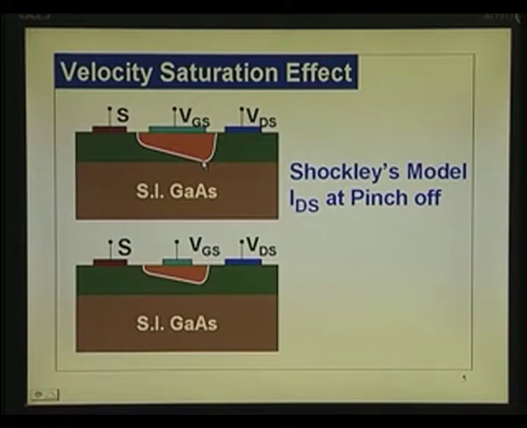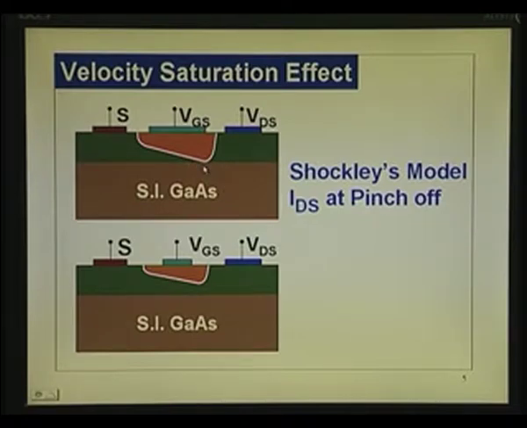So, what we want to examine is whether we get the same condition for the situation where the velocity saturation takes place. In fact, there is no doubt that current saturates because of velocity saturation. Otherwise, if it is closing completely, as some of you were raising some time back, current will fall down to 0. So, we said qualitatively it is a dynamic equilibrium, and the dynamic equilibrium has come due to velocity saturation here.